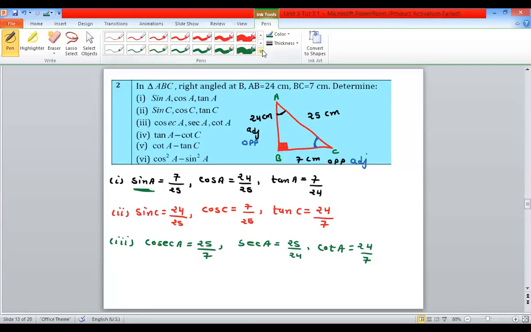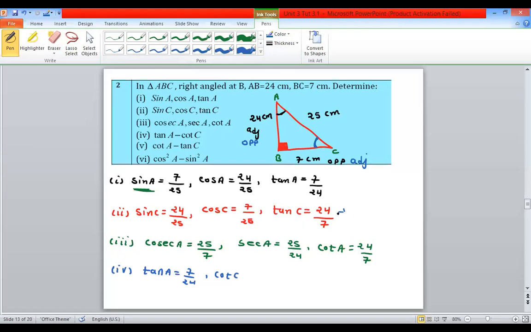Fourth number. Look here, tan A you already have. Tan A is 7/24. And cot C, you also have it.